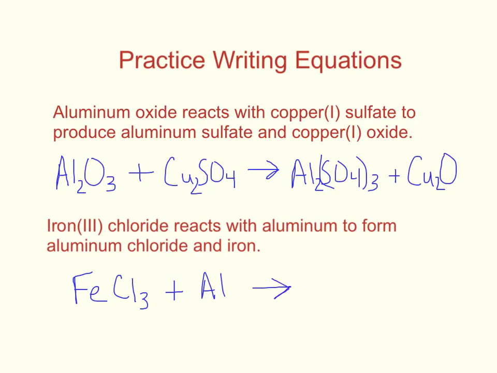To form aluminum chloride, AlCl. Again, I have to check the charges. Aluminum has a +3, chlorine has a -1, so this is AlCl3, and iron, Fe. And that is my skeleton equation. I don't put a charge on the iron or anything like that. It's just plain old iron. That's my skeleton equation for that formula.